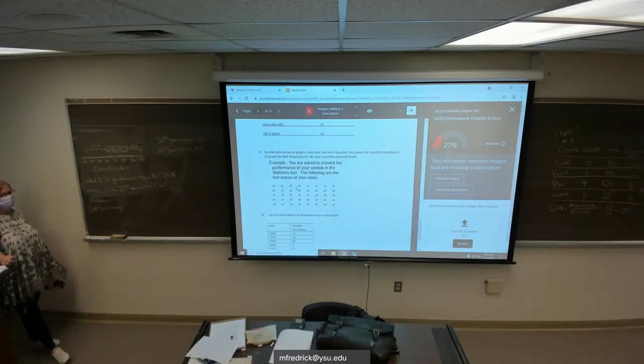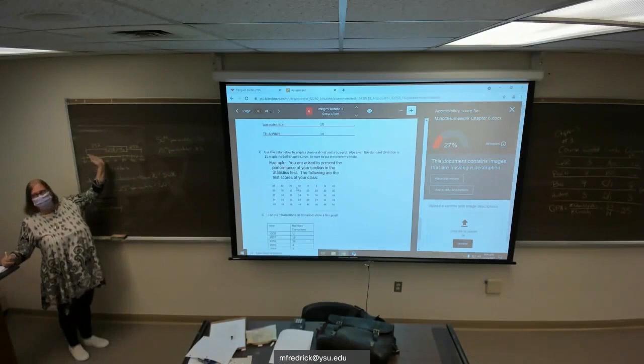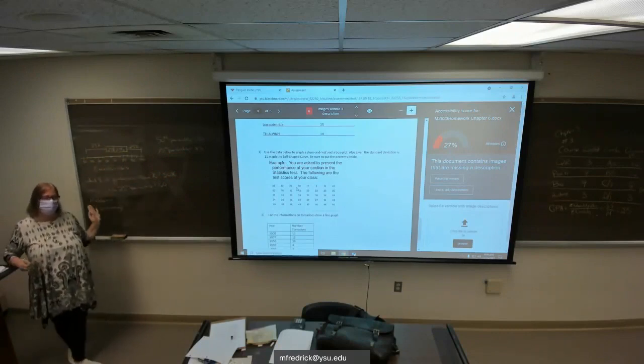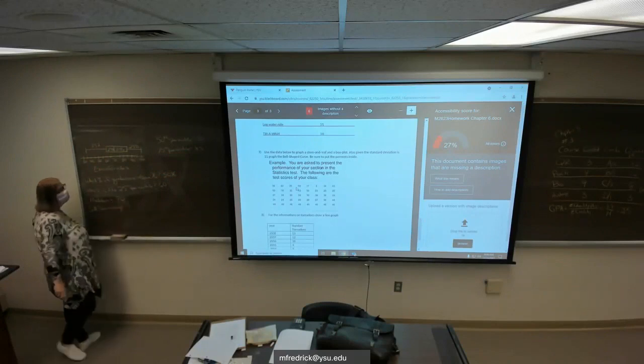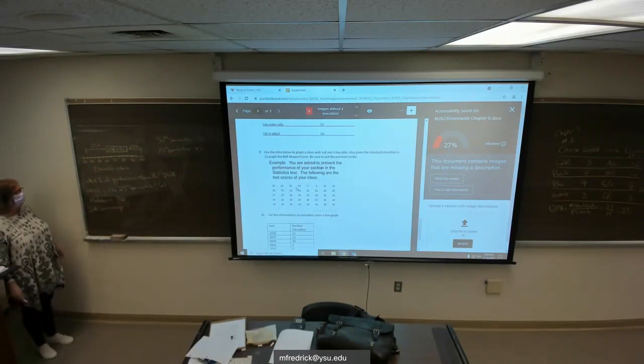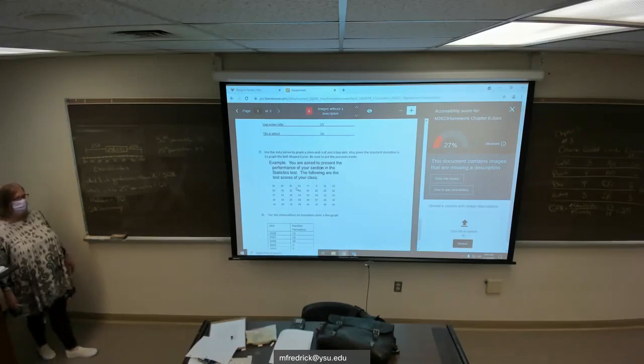Any questions on percentile? So it's the percent below. Median, number in the middle. 70 is right in the middle, 50% above it, 50% below it. Questions so far?